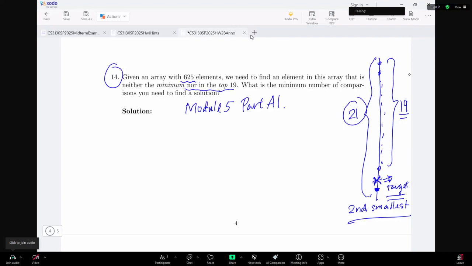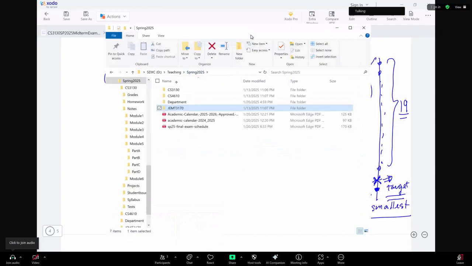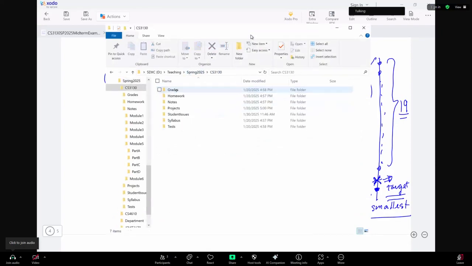Just let me use 2 minutes to find it. If not A1, it should be A2. A1 or A2. Okay.